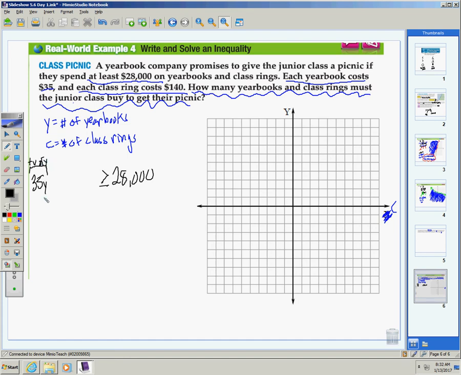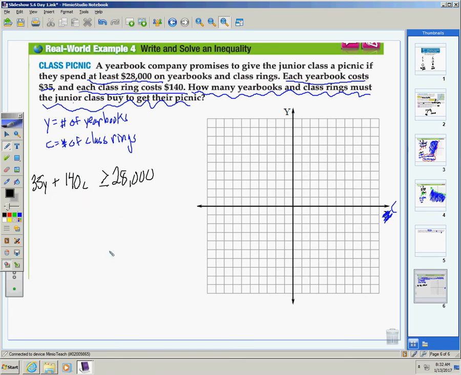And then if I add on the total value of the rings, which would be 140 times the number of class rings, I know the total value of the yearbooks plus the total value of class rings has to be greater than or equal to 28,000.